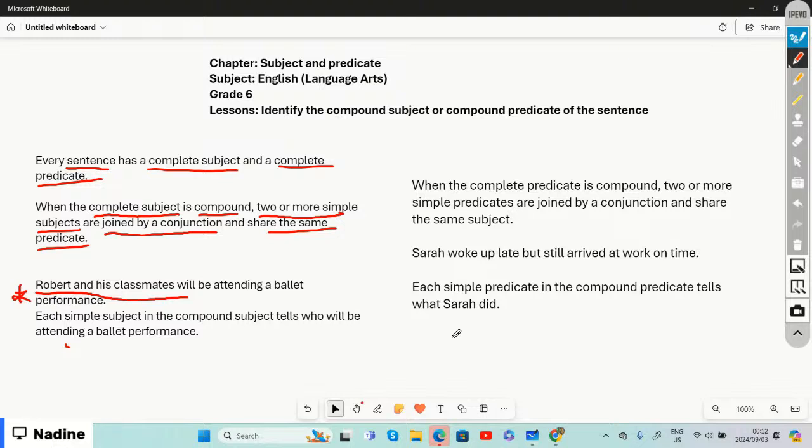And then with the predicate, right, we also say that when the complete predicate is compound, then it means it is two or more simple predicates that is joined by a conjunction and they share the same subject. So it basically shares one subject.